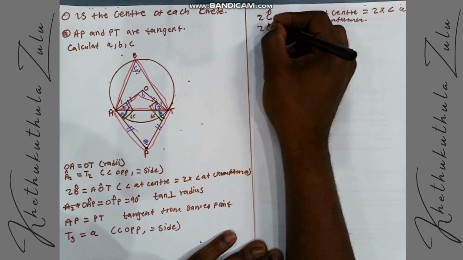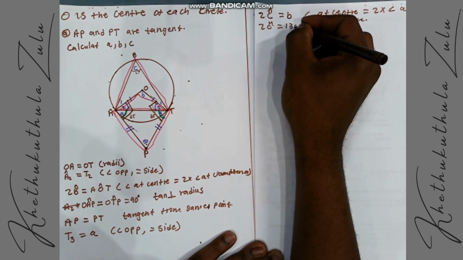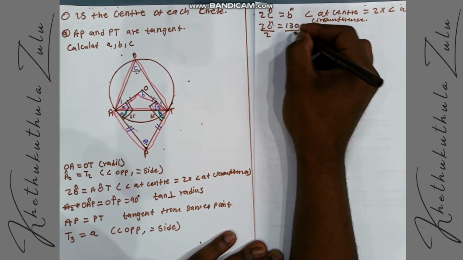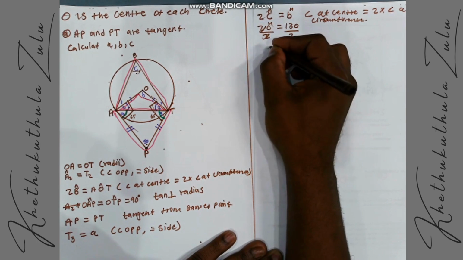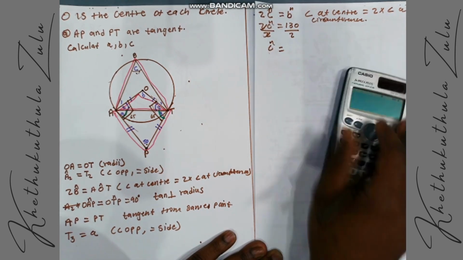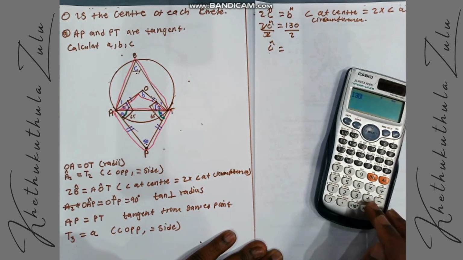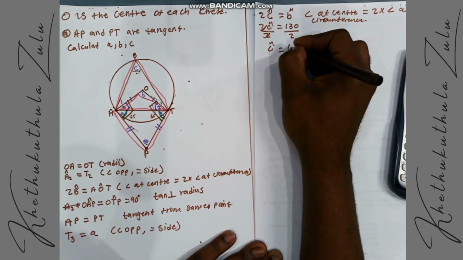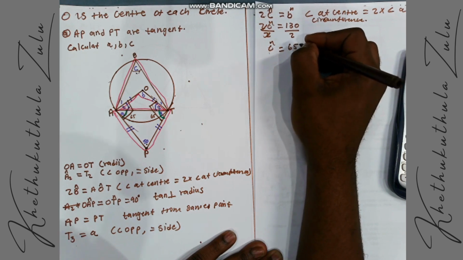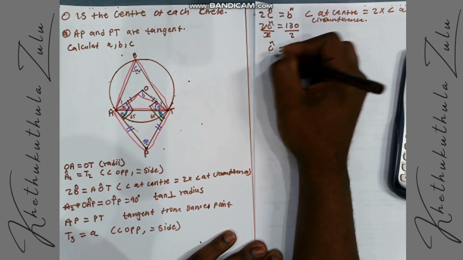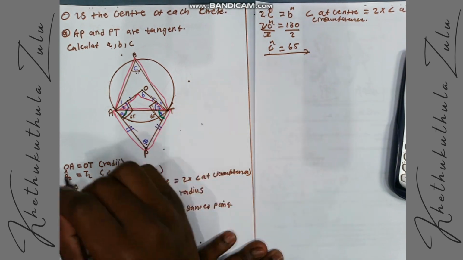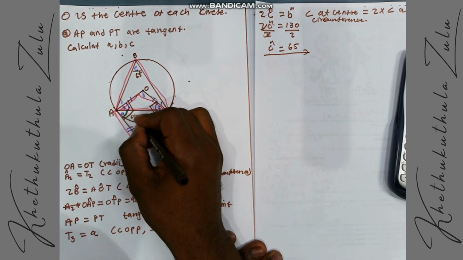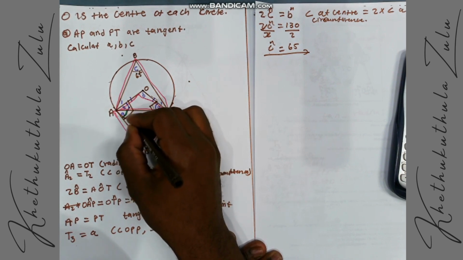Now 2c, we know b we just calculated, so divide by 2, then c is equal to b divided by 2, which is 65.